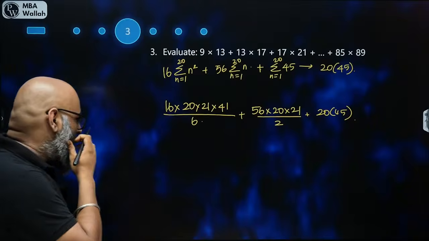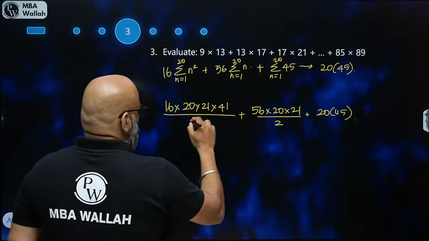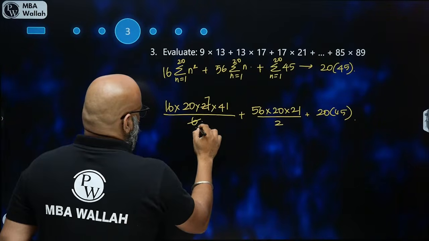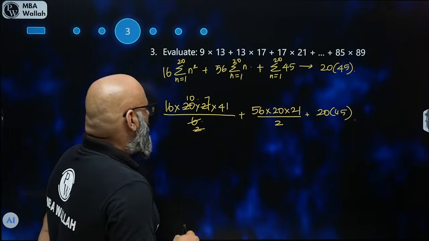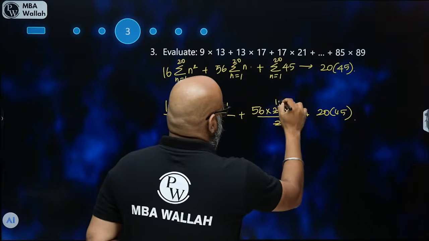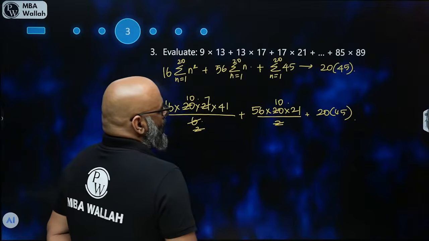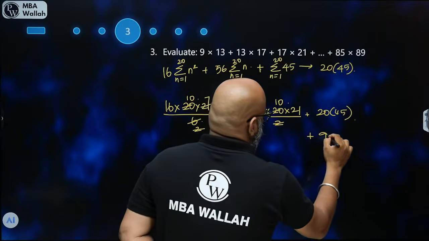So let's do the math here. This will be 7, this will be 2, this will be 10. Can someone pull out a calculator and do the math for me here? This will be 10. This will be 900.